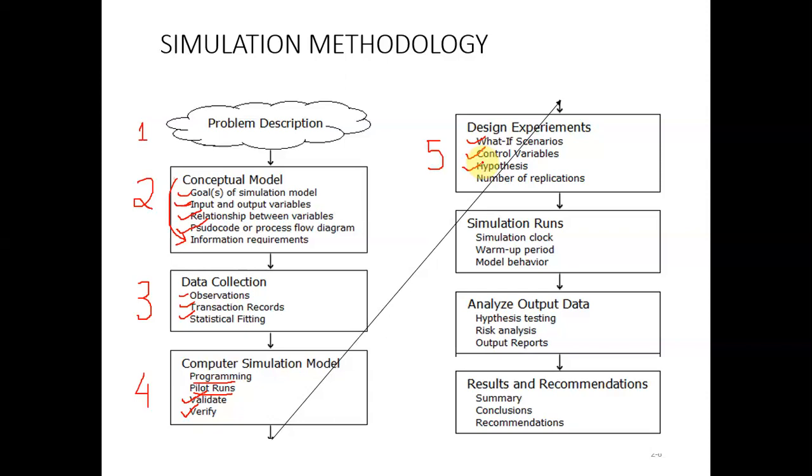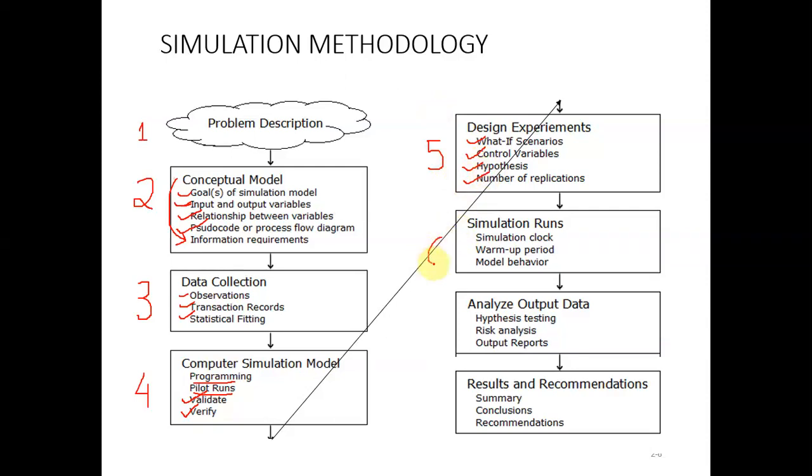Hypothesis means that if a particular variable changes, whether it affects the output variable or it does not affect the output variable. So you generate the hypothesis statements, and we all know in statistics the null hypothesis, which can be statistically proven wrong or correct. Then you run the number of replications.